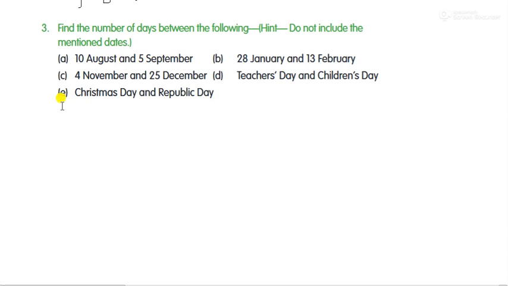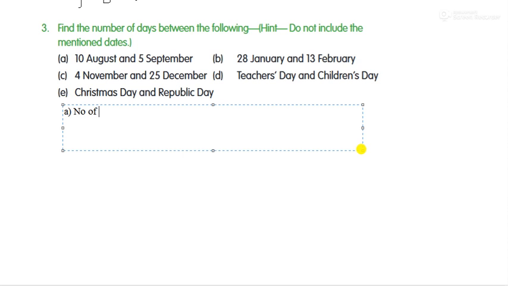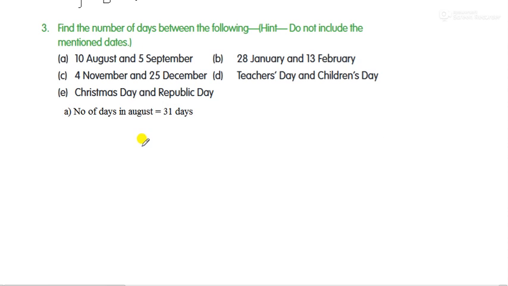So number of days in August: in August month, how many days are there? 31 days. So already we have 10, so 31 minus 10 is 21 days.